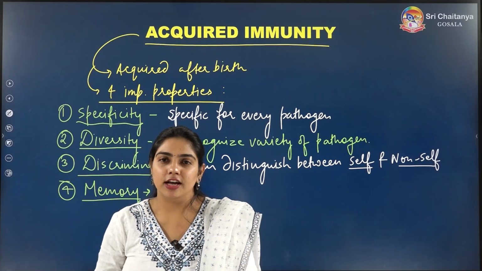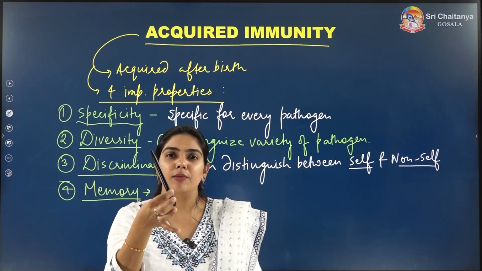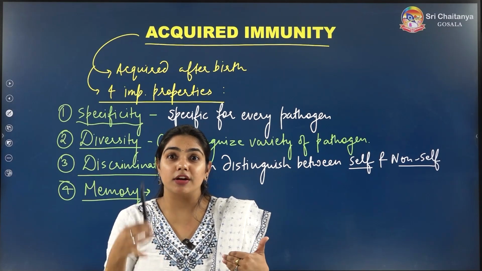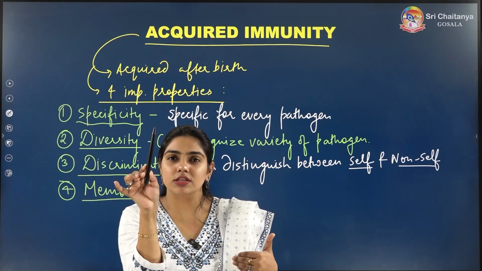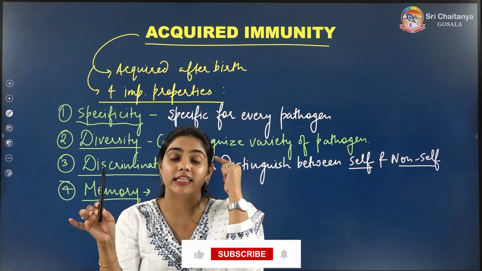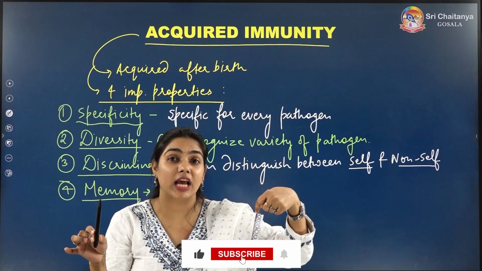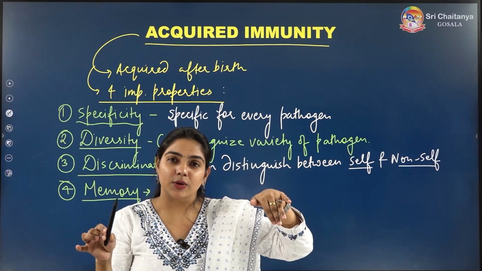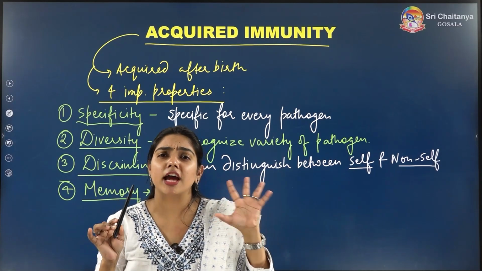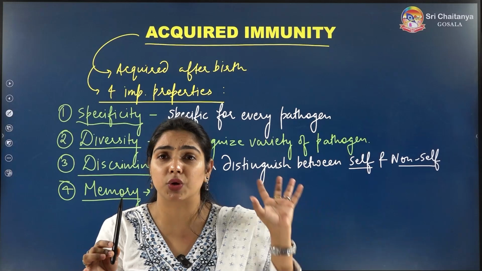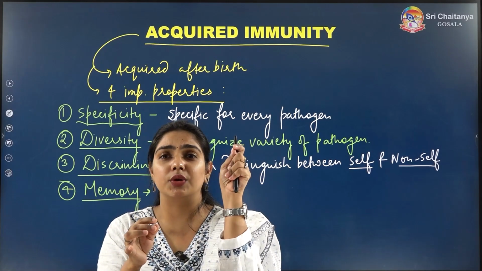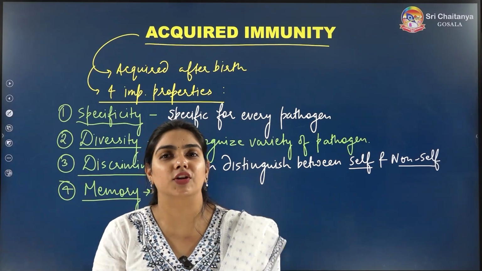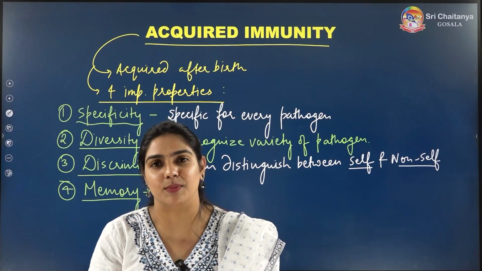Now I got cured. Now again next time it is coming into my body. Now my immune system already knows this pathogen because it has the memory of the previous encounter, the memory of the first encounter. So now this time a highly intensified response is going to come and the antibodies are going to kill this pathogen, and I will not get the disease this time, right?